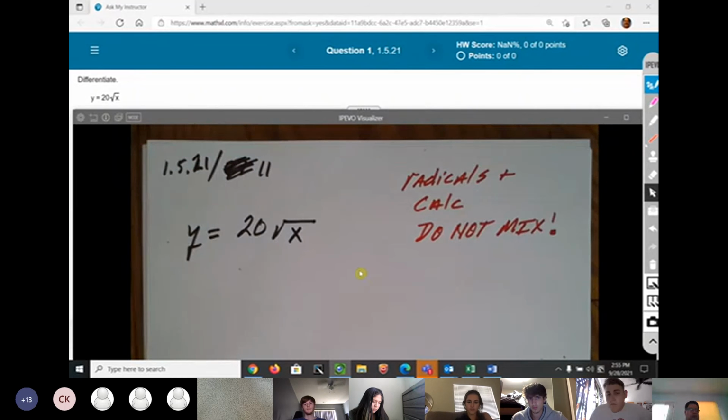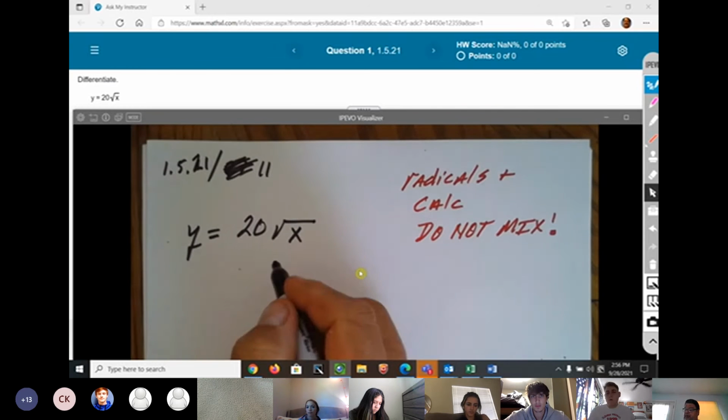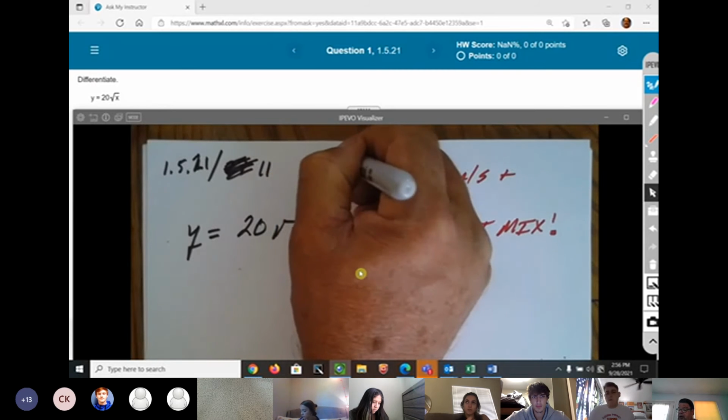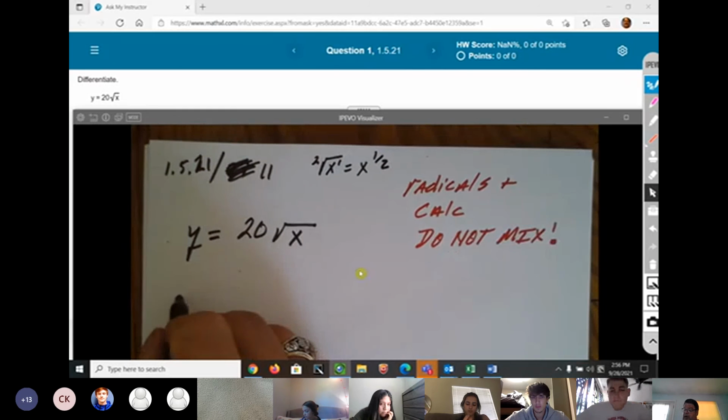So what do we have to do with that radical? That means I want somebody to unmute their mic and say something. Rewrite it as a rational exponent. Square root of x to the first power is equal to x to the 1/2. So I'm going to rewrite this.